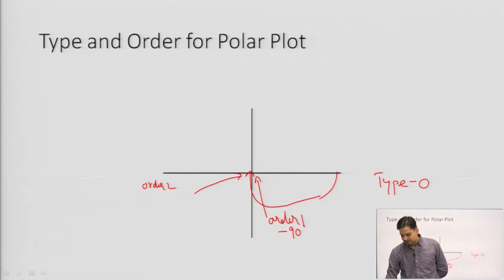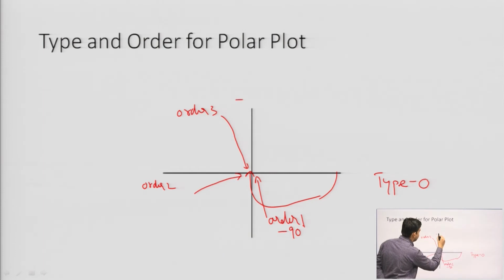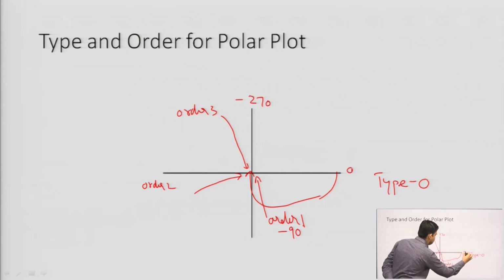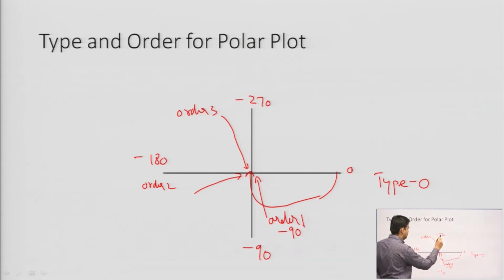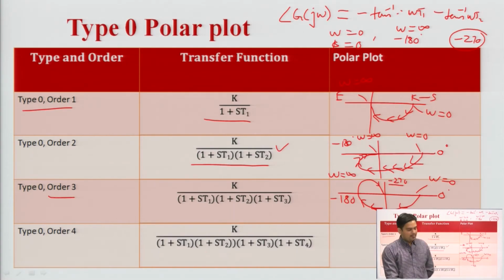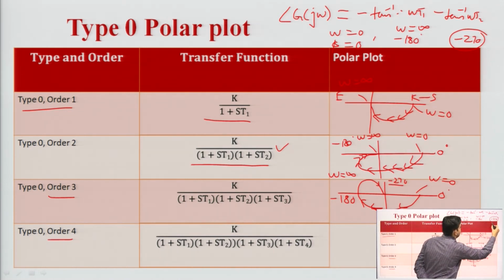So, we can make a generalized concept: whenever my system is type 0 and order 3, it will terminate across minus 270. This is 0, this is minus 90, this is minus 180, and it will terminate across minus 270. In the same way, for type 0 order 4, the final phase will change to minus 360.